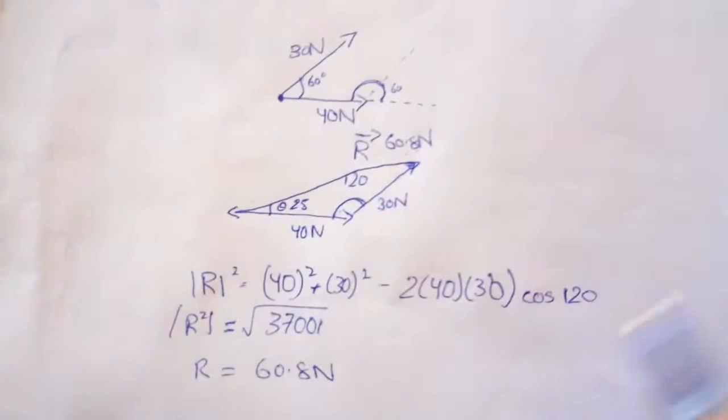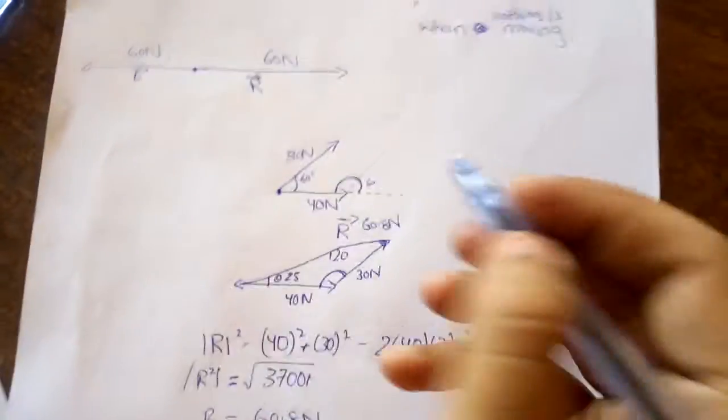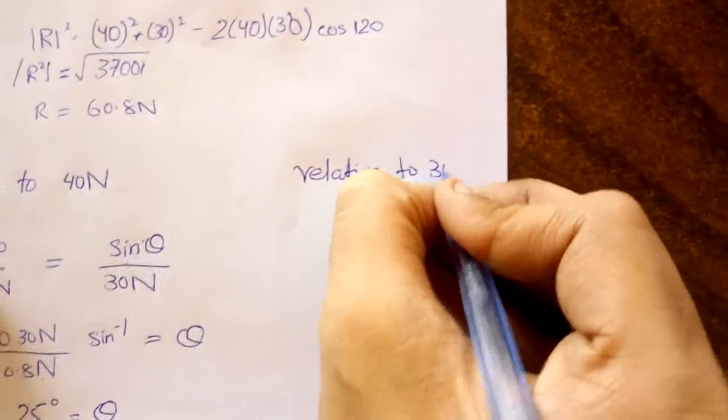If we have this 25, now we have to find it relative to the 30 newtons. As we had this line already, I am not making a new line.